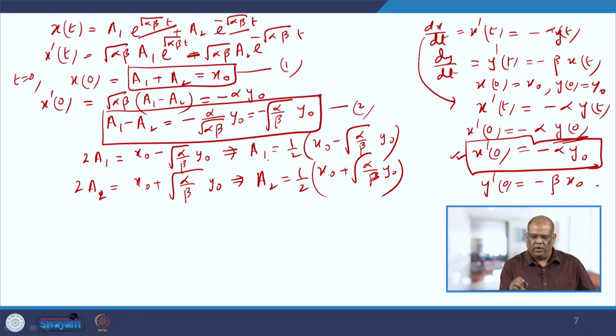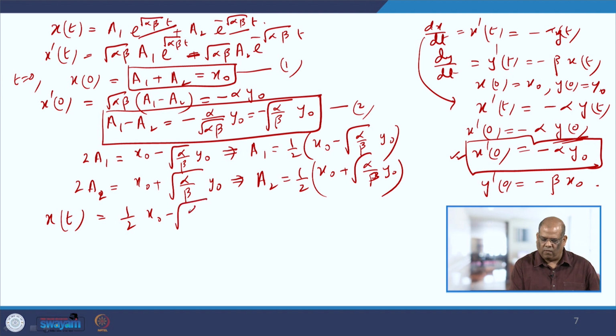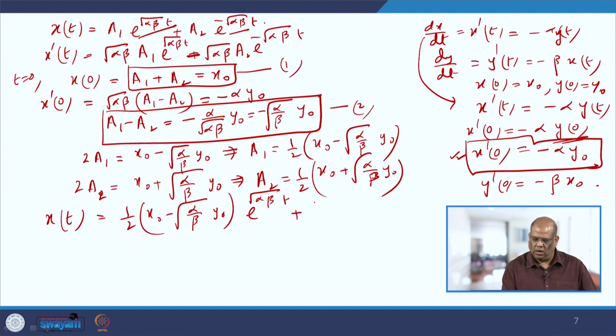So, I will substitute this a1 and a2 in this x, and I get my x(t) equal to half of x0 minus root of alpha by beta into y0, into e to the power root alpha beta times t, plus half of x0 plus root alpha by beta into y0, into e to the power minus root alpha beta into t.